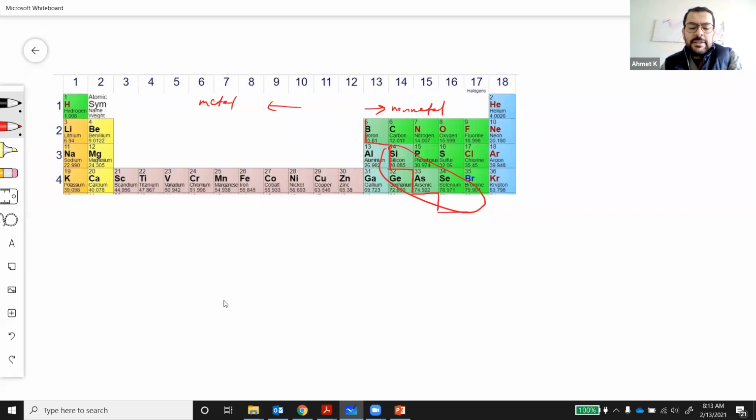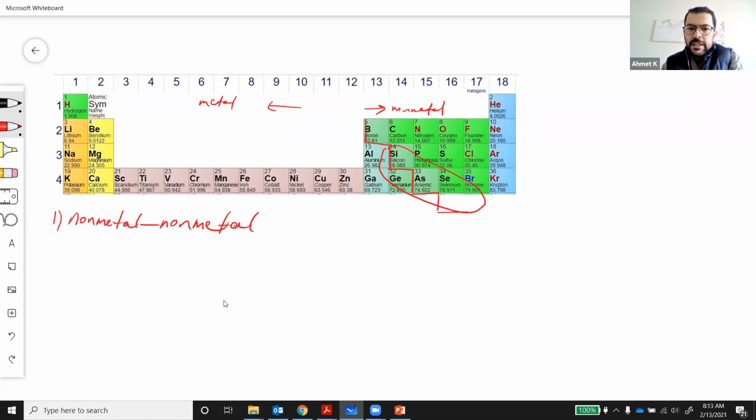So we are going to look at this in different ways. The first one is non-metal to non-metal. Imagine two non-metal atoms coming together and making a compound.